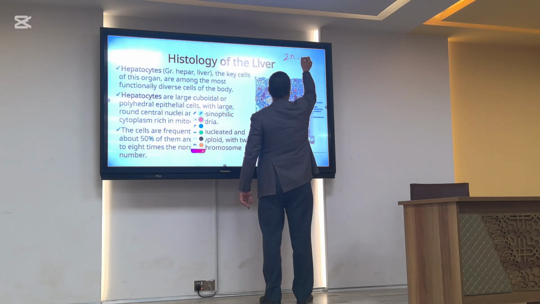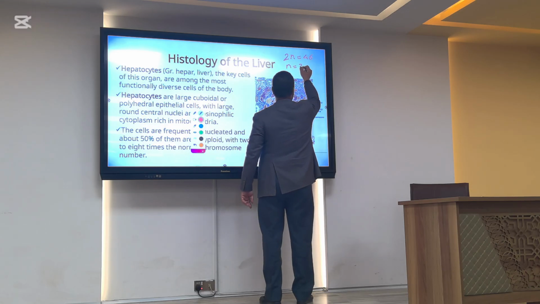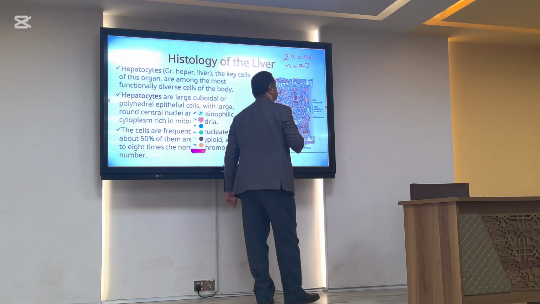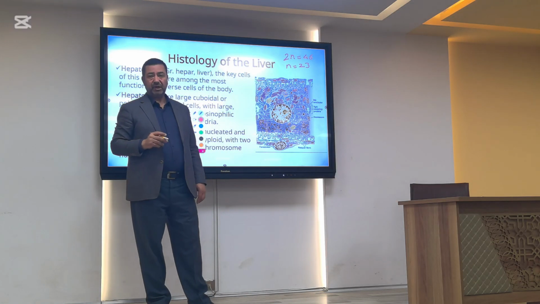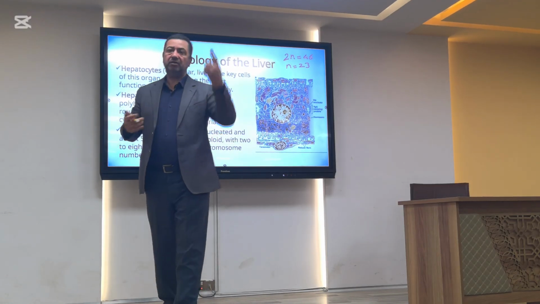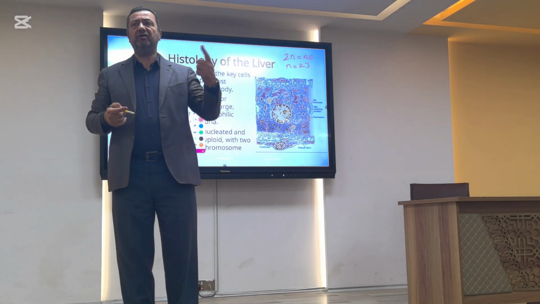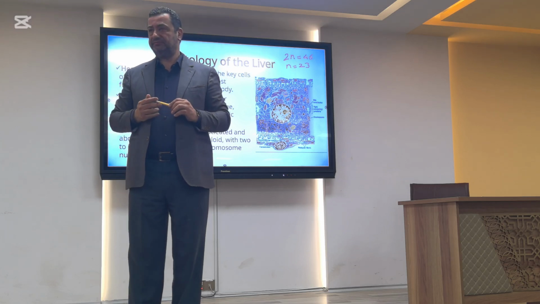Two n is 46, and n is 23. Each set of chromosomes is 23.